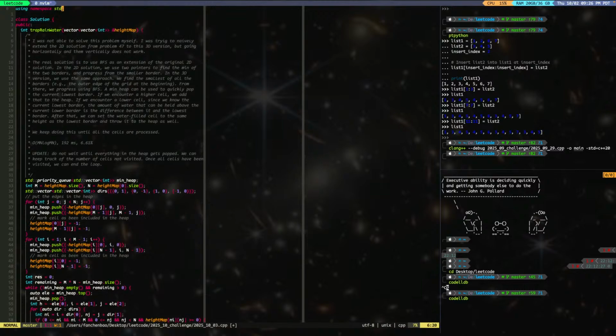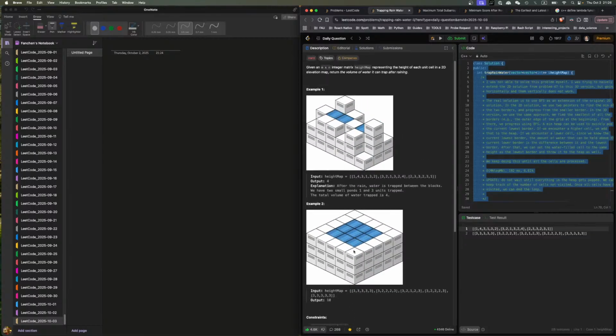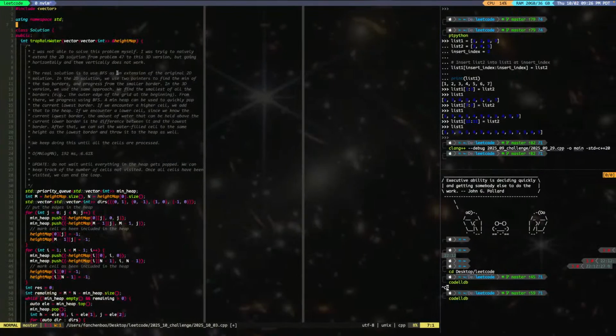Alright, let's see. How do we do this? So basically it's these heights, and then we want to trap the water. To use BFS as an extension of the original 2D solution.